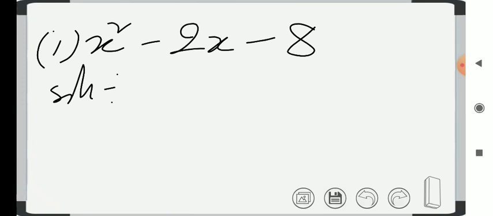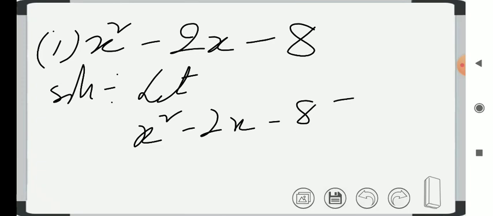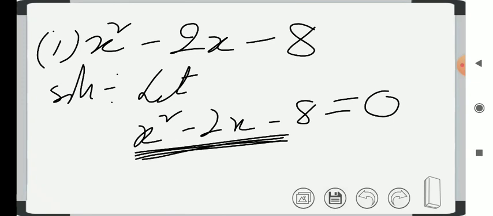So for easy calculation, let x square minus 2x minus 8 equal to 0. Why are we taking it as 0? Because if we put the right value of x in this polynomial, it will turn out to be 0.